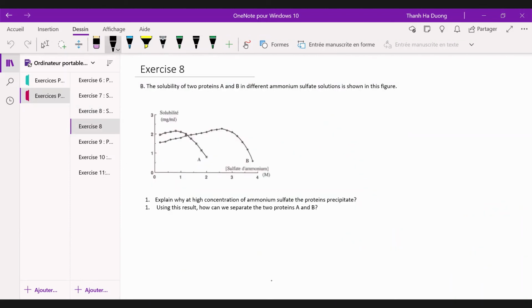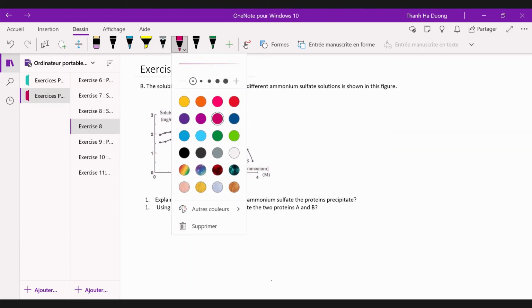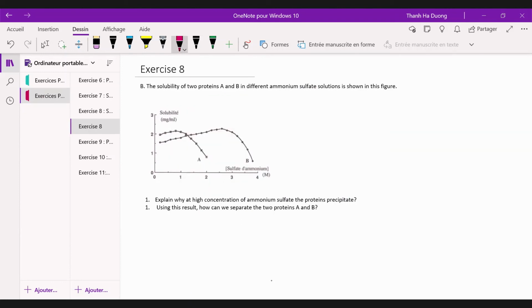So here, if we draw the solubility against the concentration of ammonium sulfate, which is also a salt, you will have at the beginning the salting in, and at the end, the salting out.